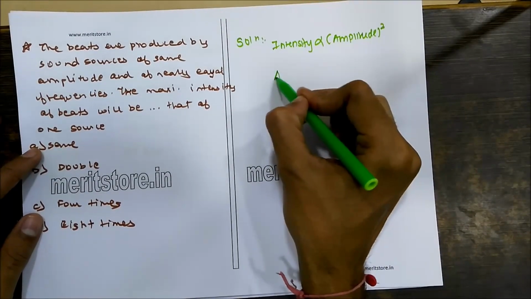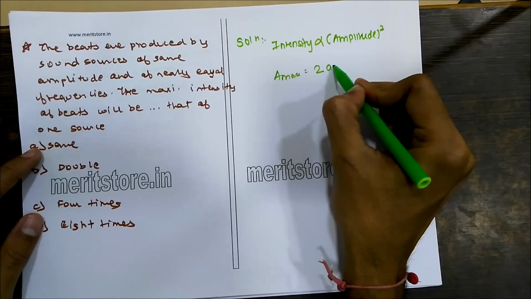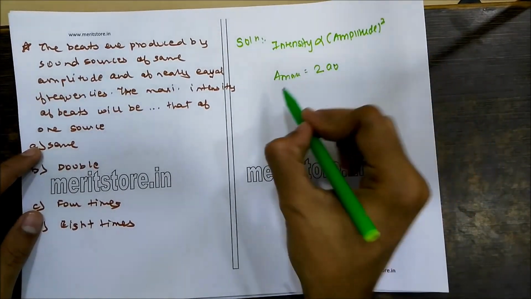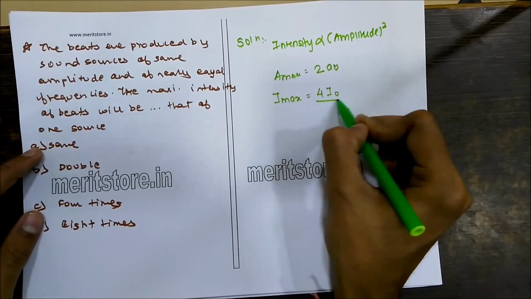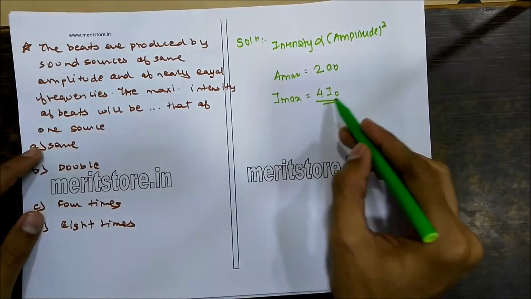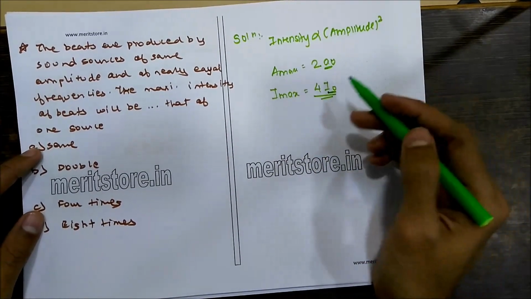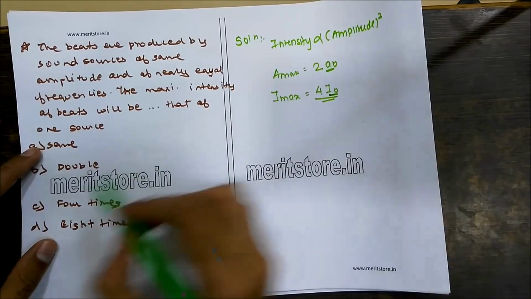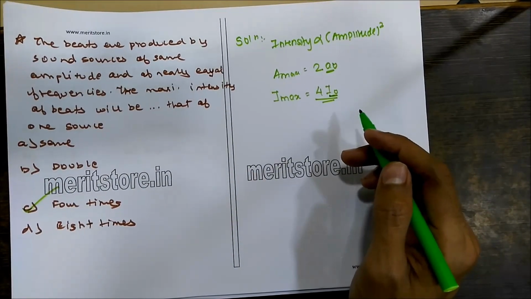For the maximum, we have twice the amplitude, where a naught is the amplitude of one source. So the maximum intensity will be 4 times I naught, the intensity of one source. So 4 times is the correct answer.